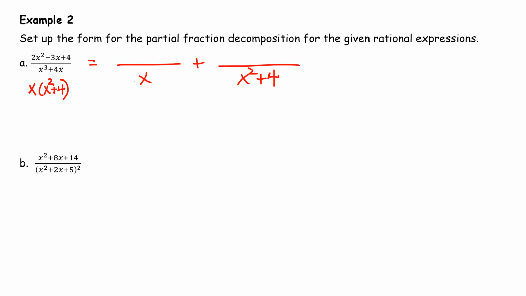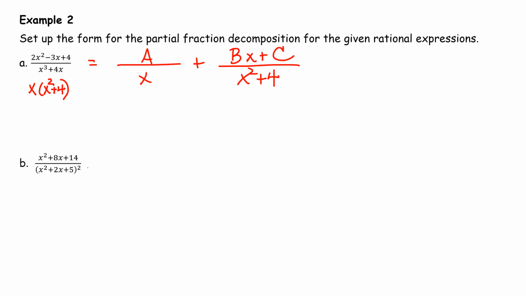And so the numerator here is going to be a constant because that denominator is linear. This denominator now is quadratic. It can't be factored in any way, and it has an x squared in it. So it is quadratic, which means the numerator needs to be linear, like ax plus b. But we'll use bx plus c because we already used a. We don't want to use it again. And we're not doing it all the way out. We're just setting it up.